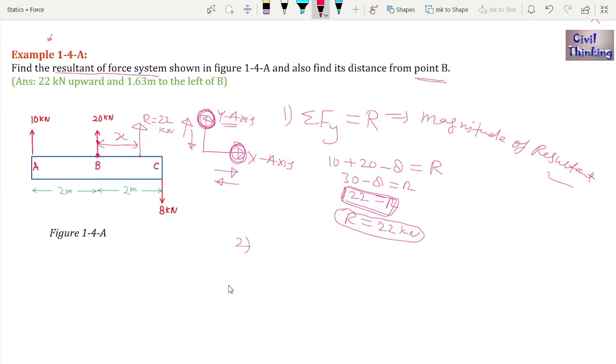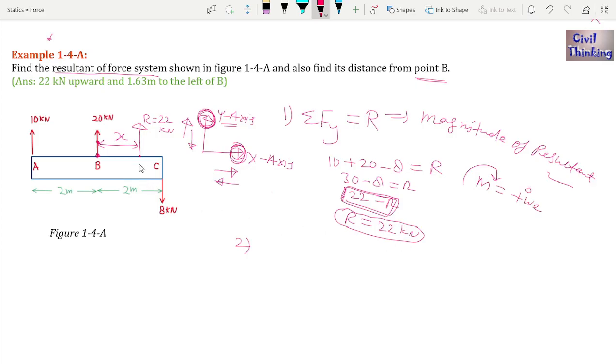So let's find the moment due to the forces. Now the moment due to this 8 kilonewton about point B. I am making an assumption that clockwise moments are positive, and of course the anti-clockwise moments will be negative.